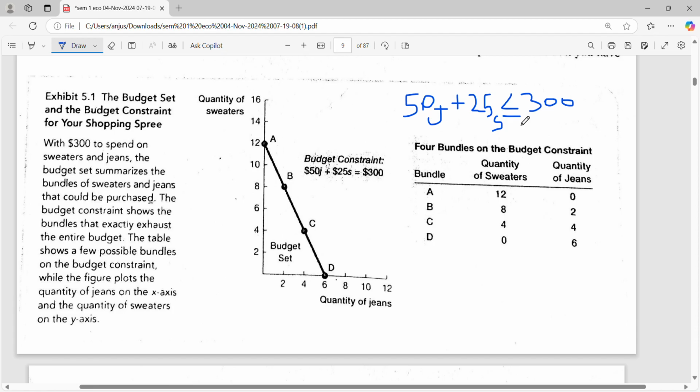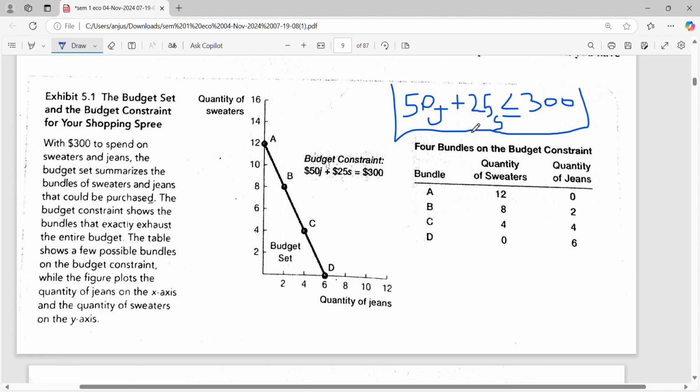These are the combinations: you can buy 1 jeans and 1 sweater, which will cost you only 75 rupees, or 2 jeans and 3 sweaters, which will cost 175 rupees. It has to be under or equal to 300 because in your hand you only have 300 to spend. In this equation you make a combination of goods. Good 1 is jeans and good 2 is sweater.